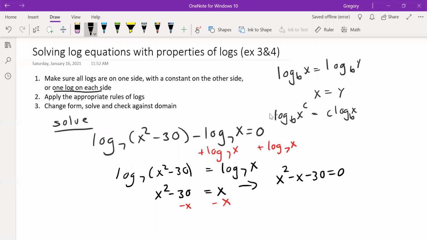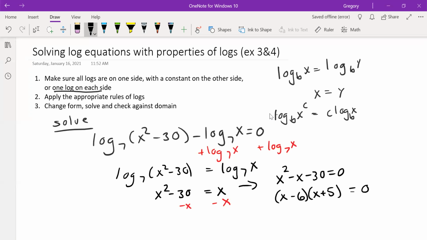And I can solve this as a quadratic however I'd like. It could be the quadratic formula. It could be completing the square. Or as I'm going to do, I'm going to factor it. Seems to be the most direct way. Remember, I need two numbers that multiply to negative 30 and combine to get negative 1. So that's going to be a 6 and a 5, specifically a negative 6 and a positive 5.